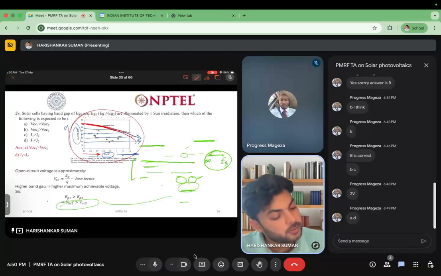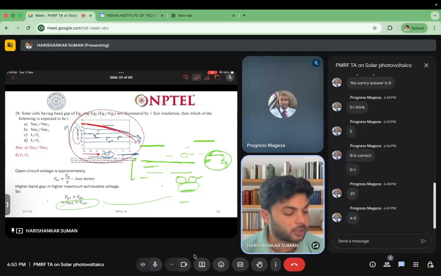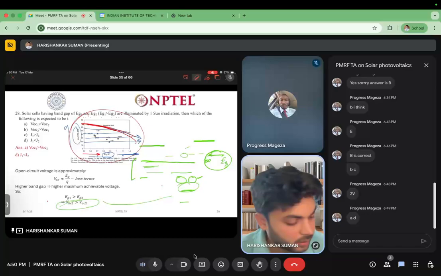Band gap gives you an idea of the open circuit voltage, while available photons on the earth according to the band gap give you the current density. Lower band gap gives you higher JSC.